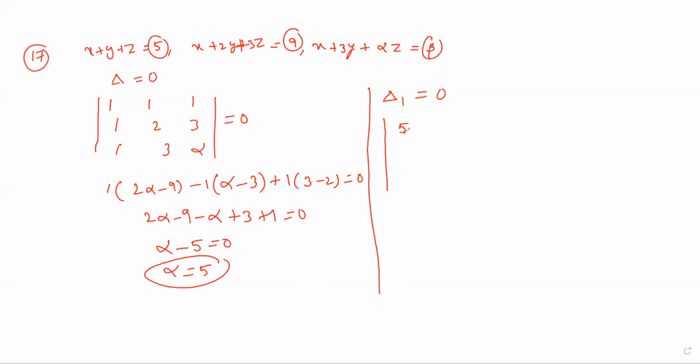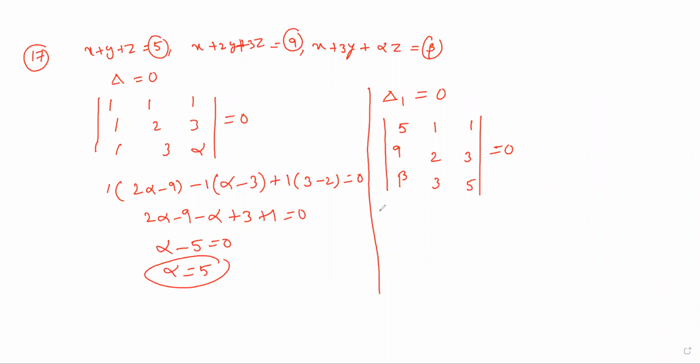In the last column 5, 9, beta. The remaining second column, third column, no changes. Expand this 5 into alpha, already we know that alpha value, you can substitute here. Now again, why no need to take alpha here? Now this alpha we are taking is nothing but what here?